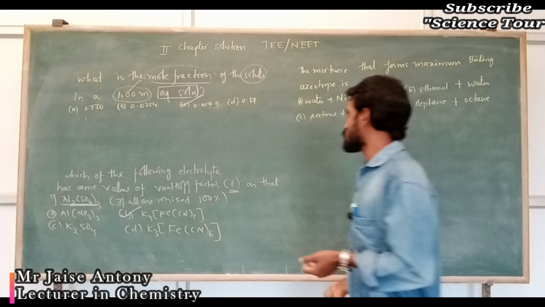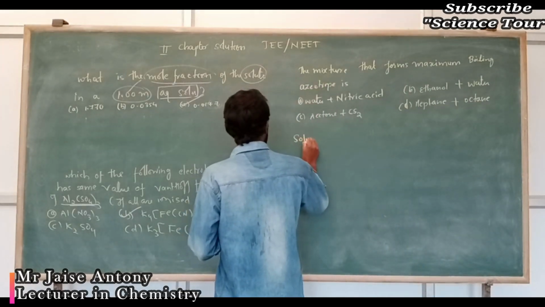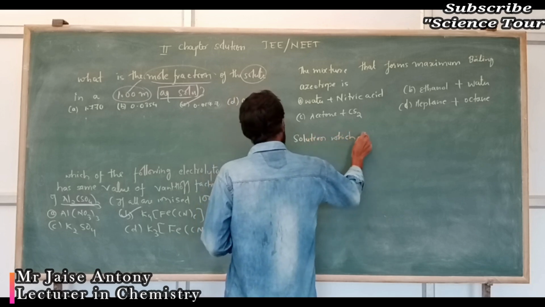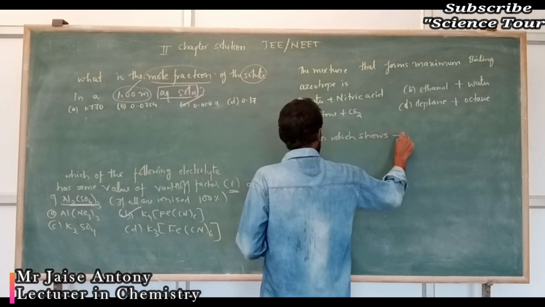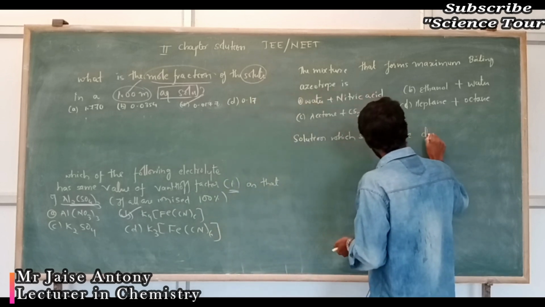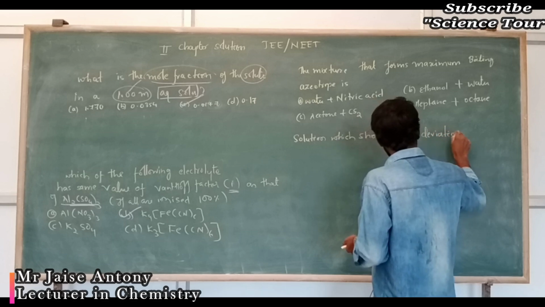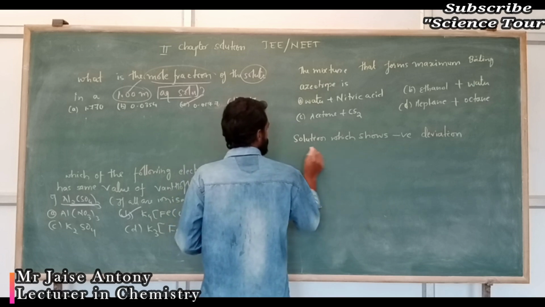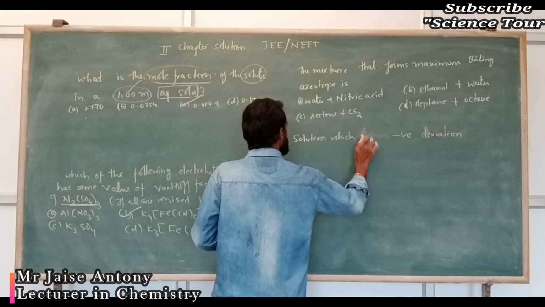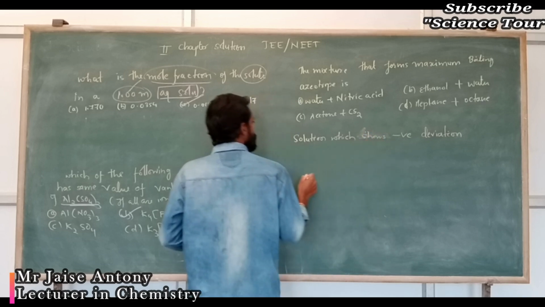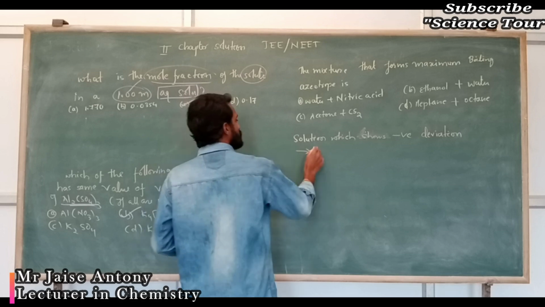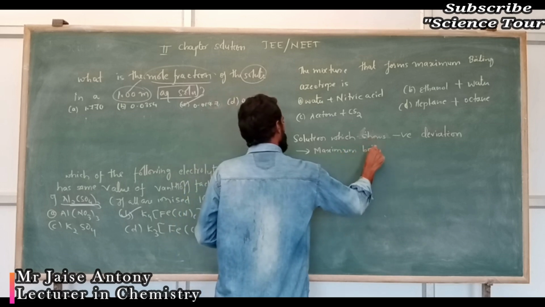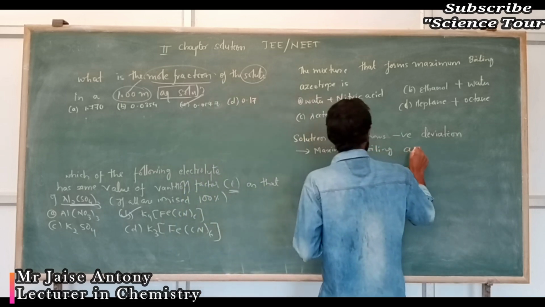Which one shows maximum boiling? The solution which shows negative deviation is nothing but maximum boiling azeotrope.